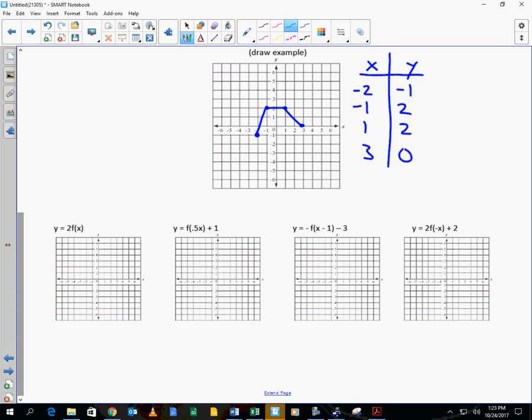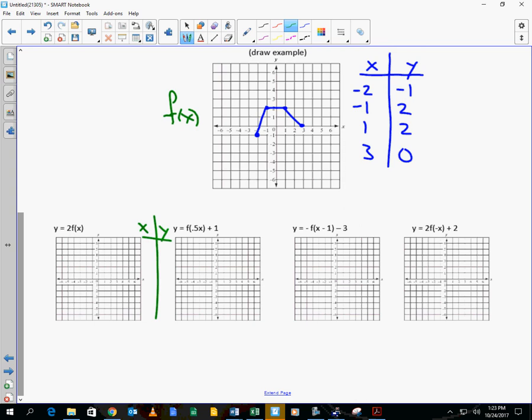It says, this is f of x. We want to graph and provide a table for y equals 2f of x. So here's the thought process I carry through my brain. Is the 2 sitting on the outside or on the inside? Outside. So will it affect it vertically or horizontally? Vertically. Okay? So does that change the x values or the y values?